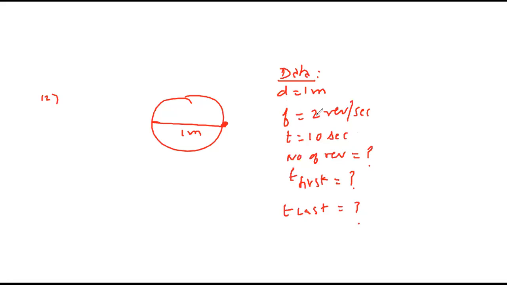So this is 2 revolutions per second in 10 seconds. That means this will give me omega at the end of 10 seconds. Initially omega 1 is 0, omega 2 is 2 pi f. That means 2 pi into 2 equals 4 pi radian per second.